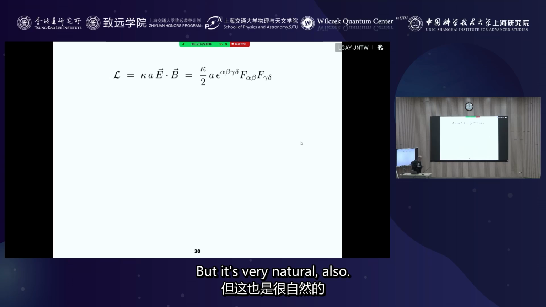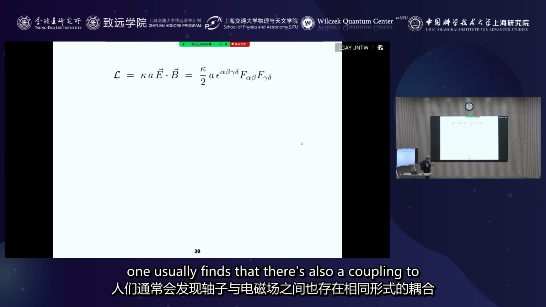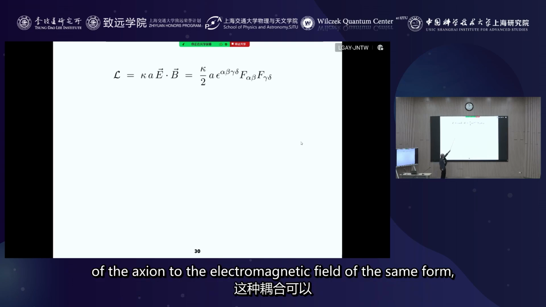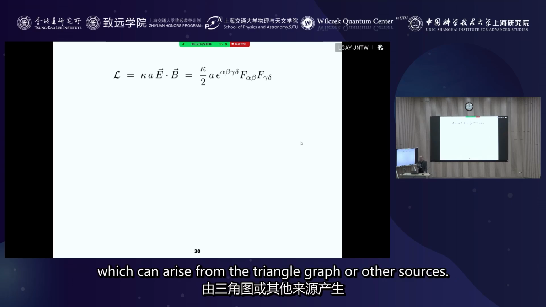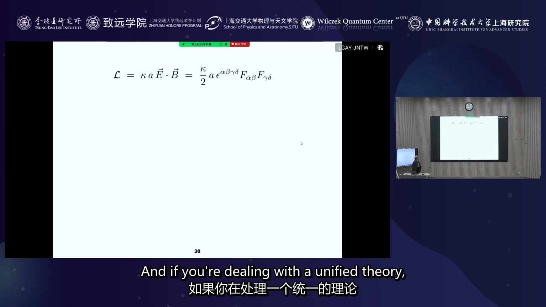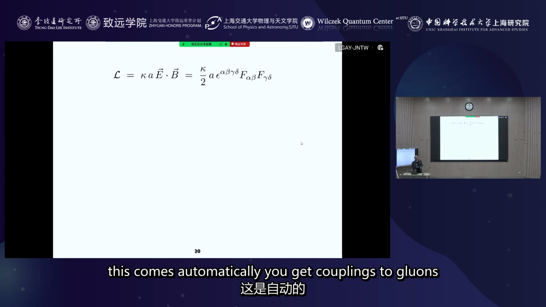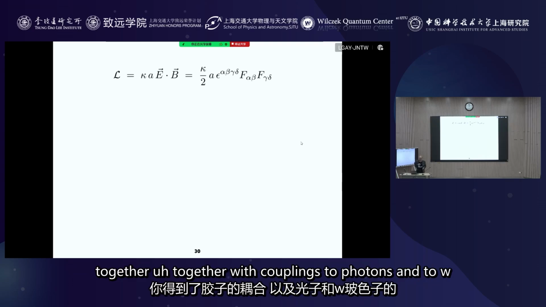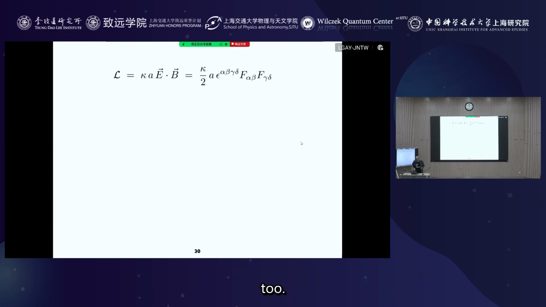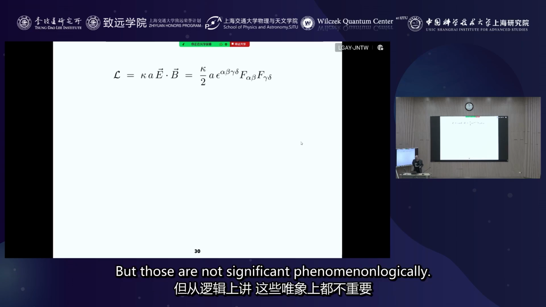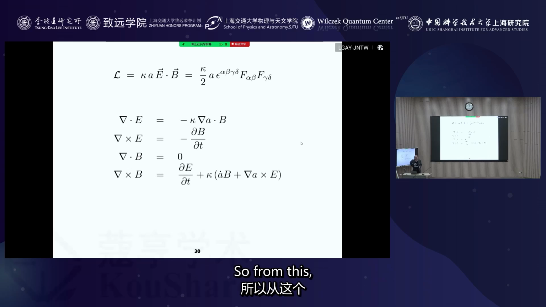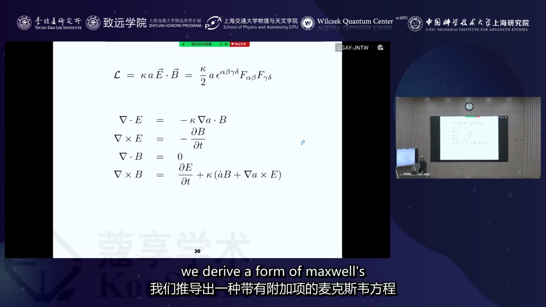But it's very natural also, and in detailed models one usually finds, that there's also a coupling of the axion to the electromagnetic field of the same form, which can arise from the triangle graph or other sources. And if you're dealing with a unified theory, this comes automatically. You get couplings to gluons together with couplings to photons, and to W bosons too, but those are not significant phenomenologically.